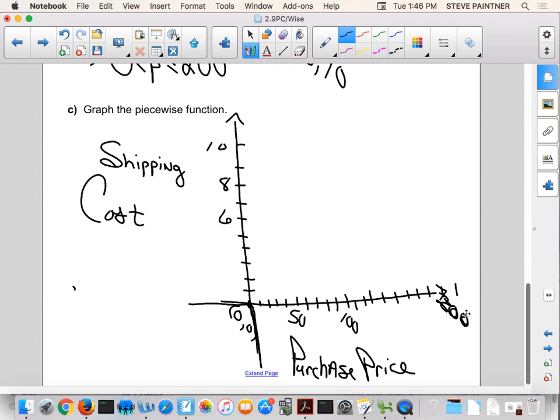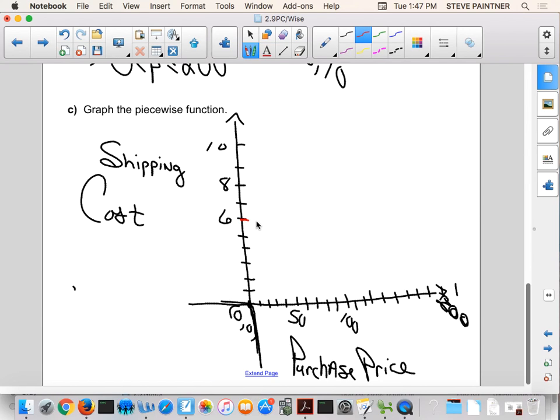All right. To graph this, I should hope it makes sense. You know you're going to get charged $6 right here for what purchase price? Anything up to 50. Okay, but from what to what? 0 to 50.